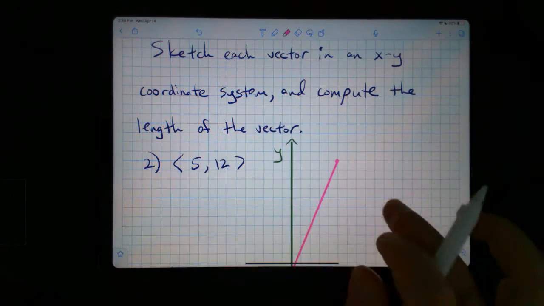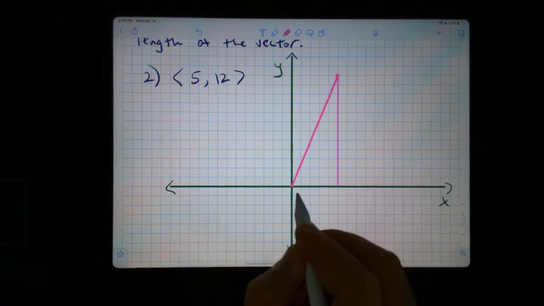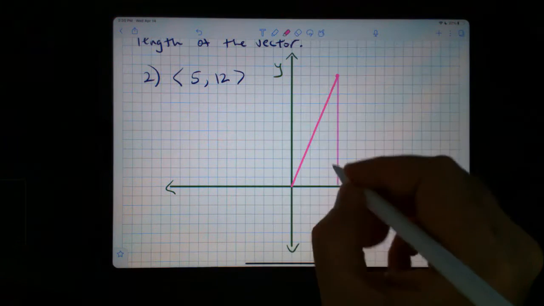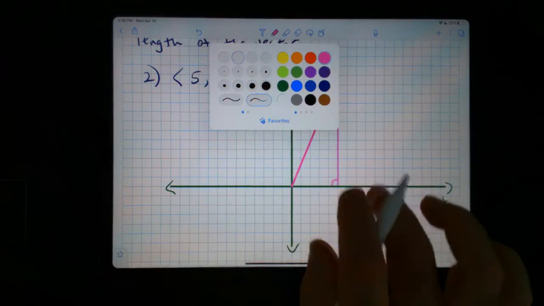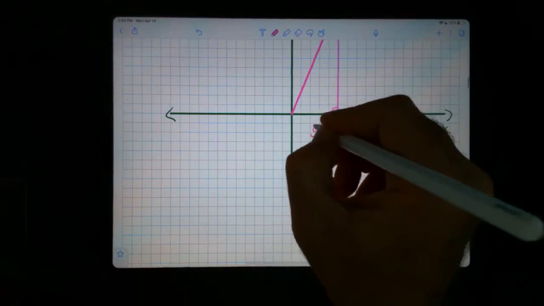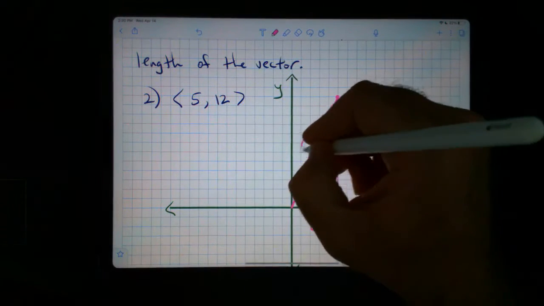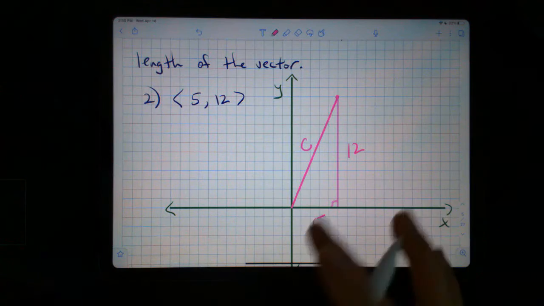The length of the vector is a distance formula, the Pythagorean theorem.